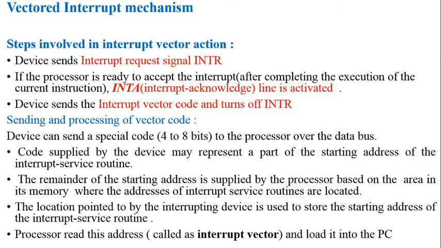This is known as the interrupt vector code, and it indicates a part of the starting address of its interrupt service routine, and the remaining part of this address is provided by the processor itself. After combining these two pieces of information, we get the entire address information. So fetch that address information, then store it into a memory location which is pointed to by the device itself.